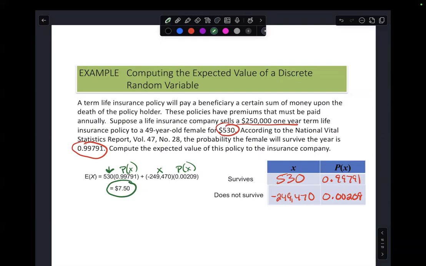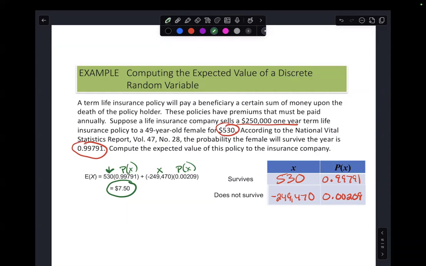So if we did a number of trials, and we look at all of the policies they've sold to 49-year-old females, hundreds and maybe thousands of women who've bought these policies, probably some of them are going to die.